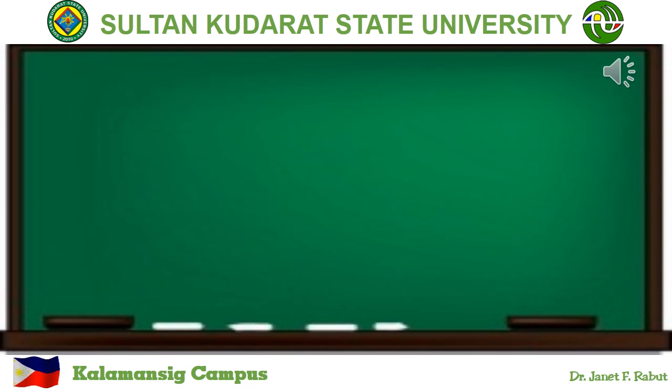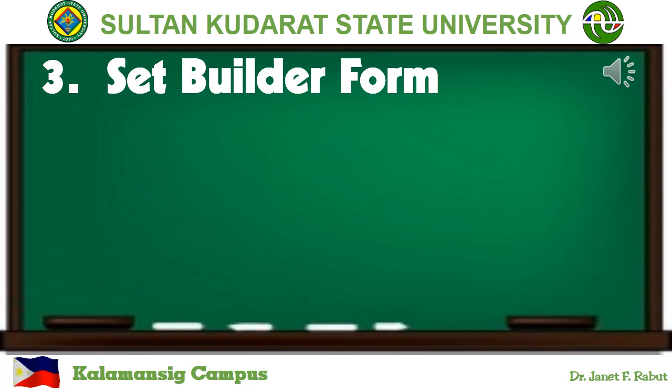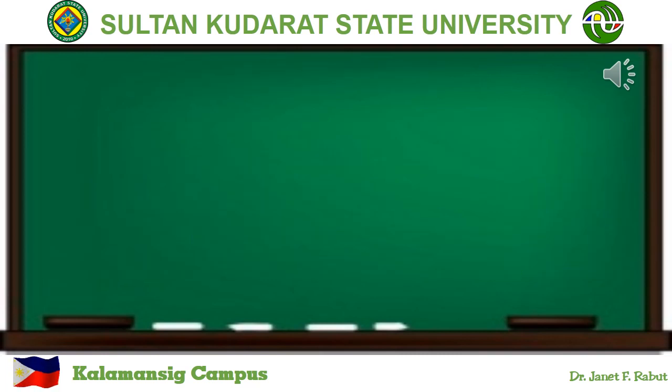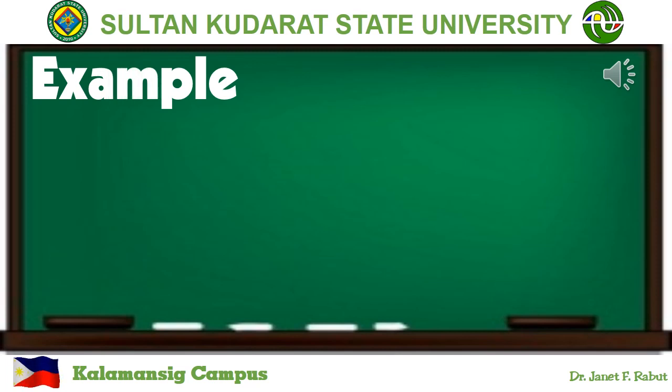Number 3, set builder form. In this, a rule, formula, or statement is written within the pair of brackets so that the set is well defined. In the set builder form, all the elements of the set must possess a single property to become a member of that set. Now, this is an example of a set builder form.